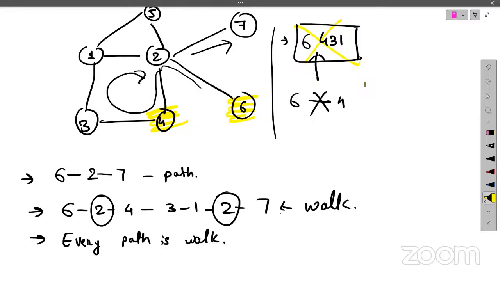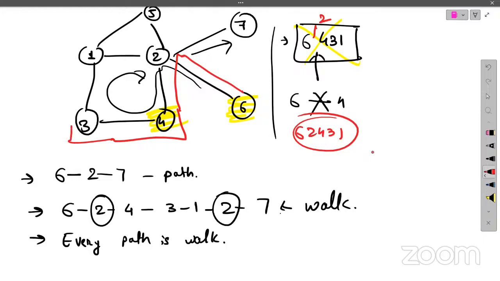You cannot go directly from 6 to 4. You have to take one in-between vertex, and that will be 2. So 6, 4, 3, 1 is not a path. 6, 2, 4, 3, 1 is a path from 6 to 1. Okay, understood.